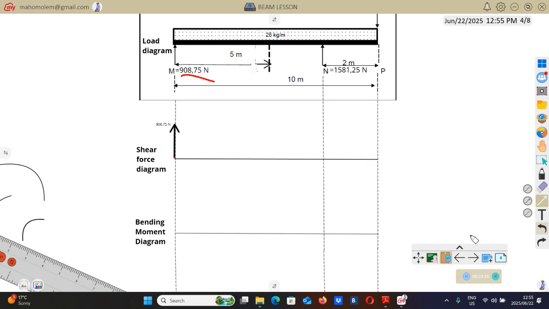When we draw the shear force diagram, you must construct these dotted vertical lines, as you can see them going down. Where do we draw these dotted lines? It's a good question. You will put them where there is a point load.